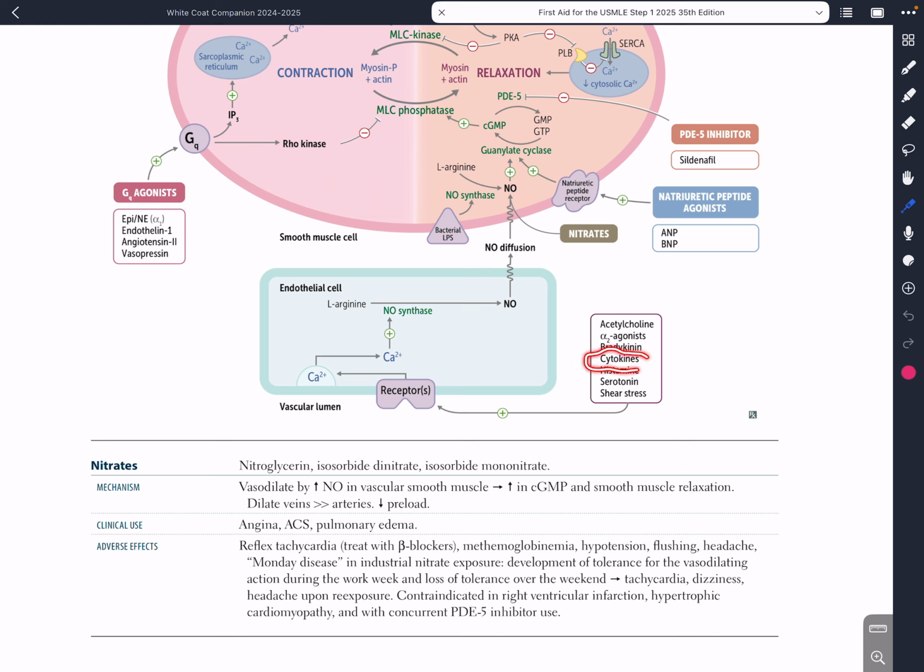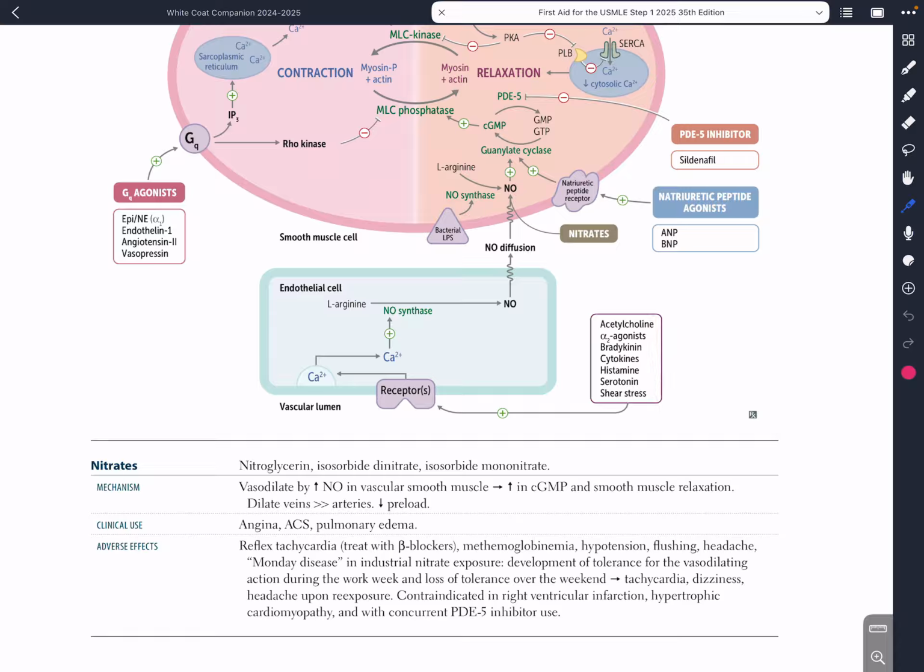Cytokines are released in inflammatory processes, infection, even some cancer. Histamine, like in allergic reaction. Serotonin is a happy hormone, so that positively acts on the receptor. And shear stress. If somebody has a third-degree burn, that is physical stress, so that will also stimulate the receptor. So the acetylcholine receptor is activated in these 5 conditions.